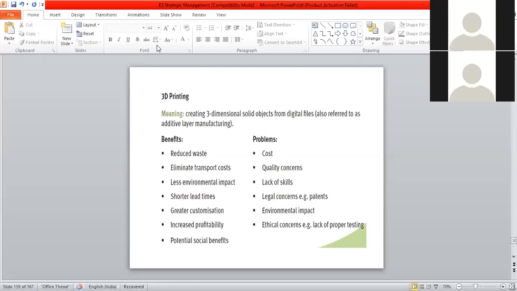Then the quality concerns, about what aspects of the quality or the benefit can be derived out of that. To operate these things, there is a lack of skills. There are legal concerns, for example patents.